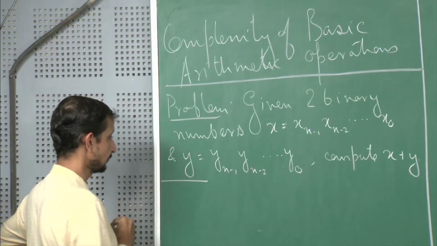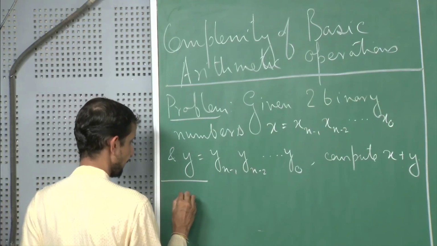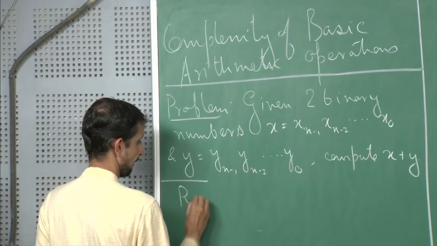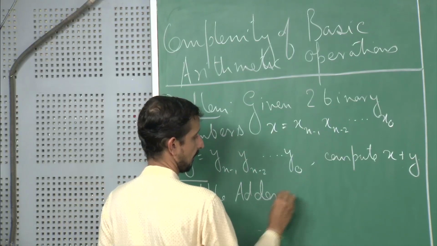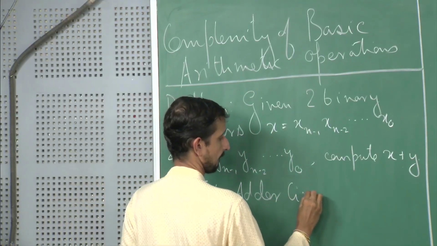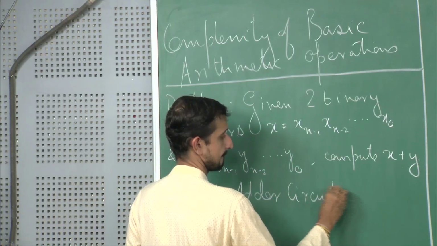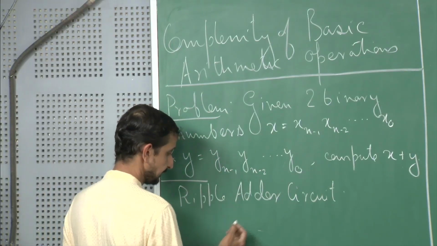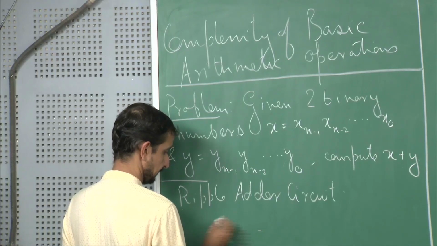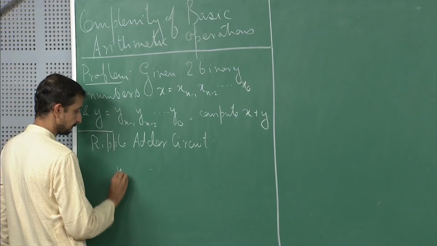It is also called a ripple adder. So the idea is as follows. Suppose I have these two numbers. This is the way we usually do addition.